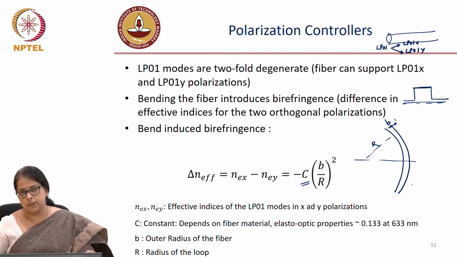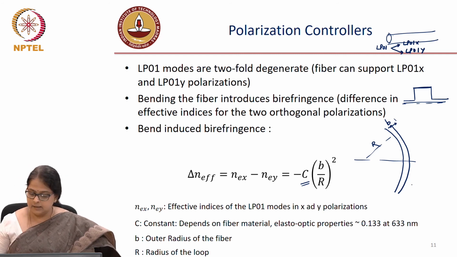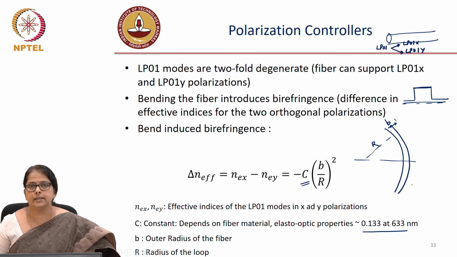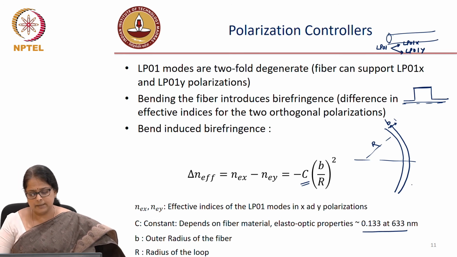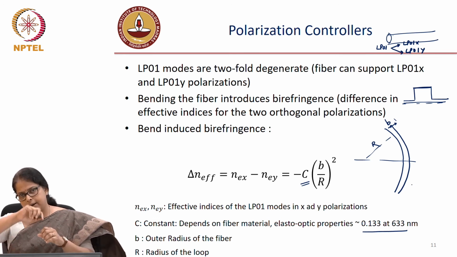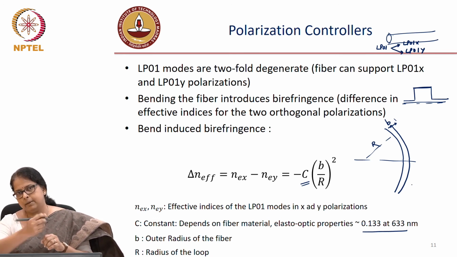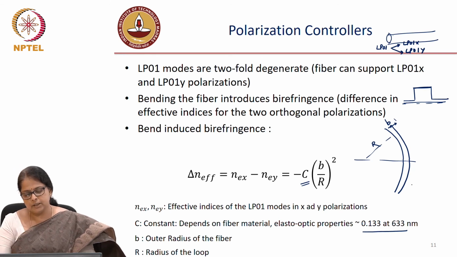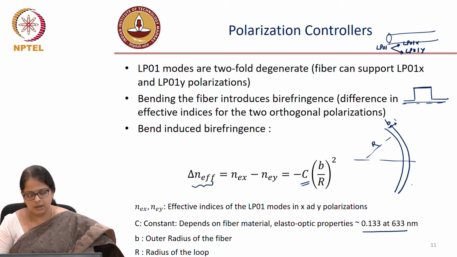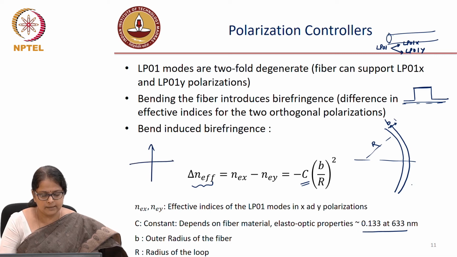We are talking about the change in refractive index, and this is about 0.133 at 633 nanometer. So how do you make a polarization controller with this? If I know the exact bend radius, I can generate an effective index change between the X polarization and the Y polarization.